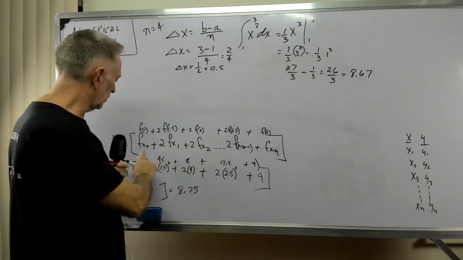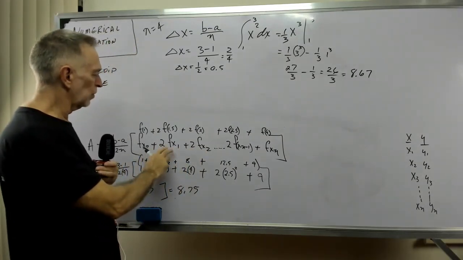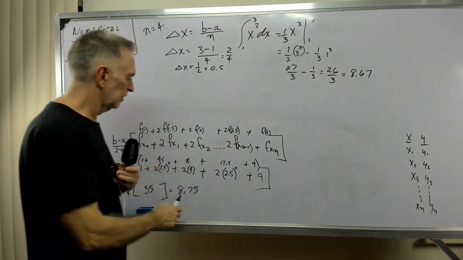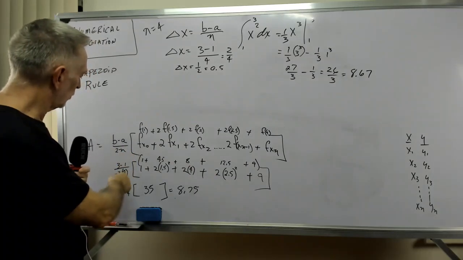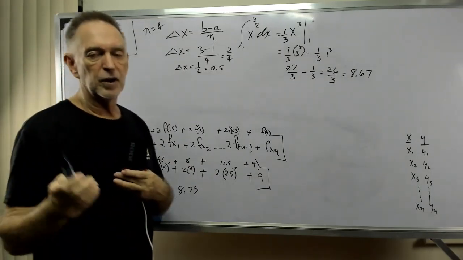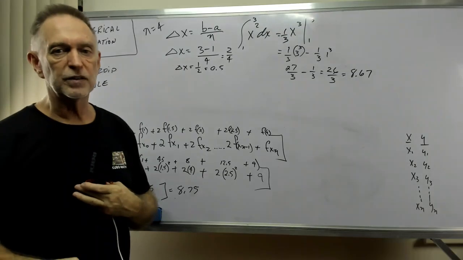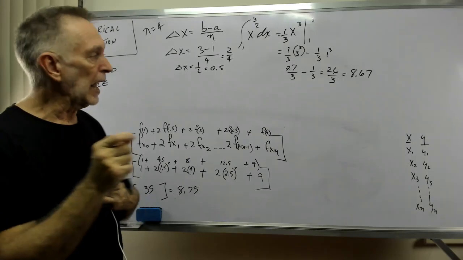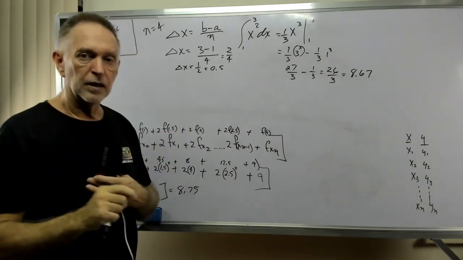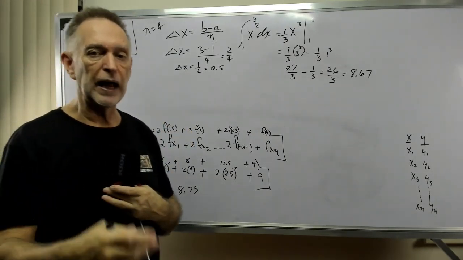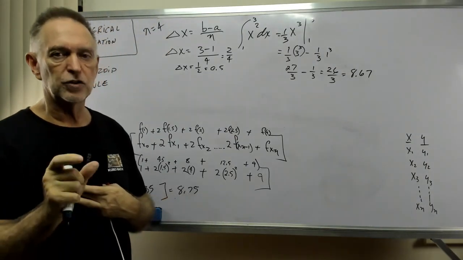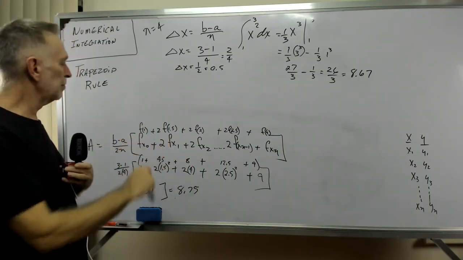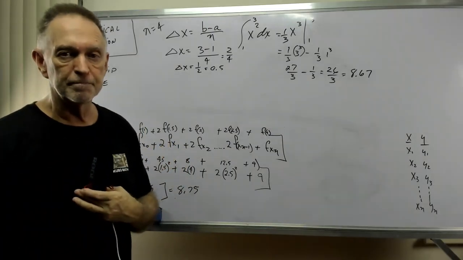It starts with f of x sub 0 plus 4 times your function plus 2 times plus 4 times plus 2 times, and then it has a little bit of a different twist at the end. Other than that, same process, and it gives a little more accuracy. I want us to understand how to choose n, which is chosen relative to the error that you're okay with. So, that's numerical integration, the trapezoid rule, and study, study, study.